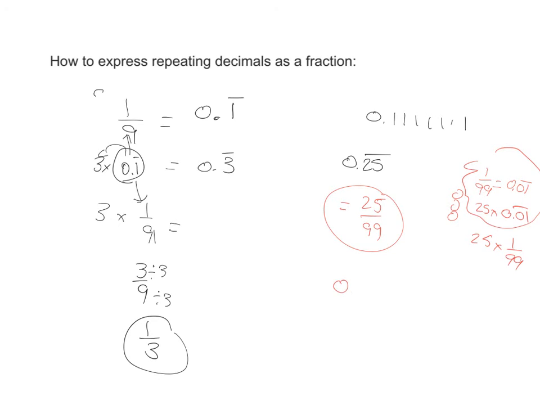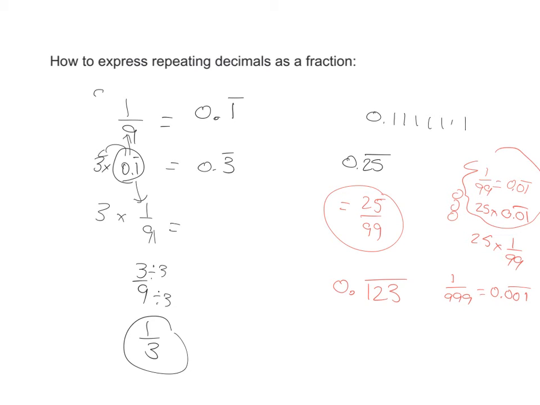So let's try another one. Let's say you had 0.123 repeating. What would that be as a fraction? Well, here's the important thing. We know that 1 over, this goes into the thousand, so we're going to go 999 is 0.001 repeating.